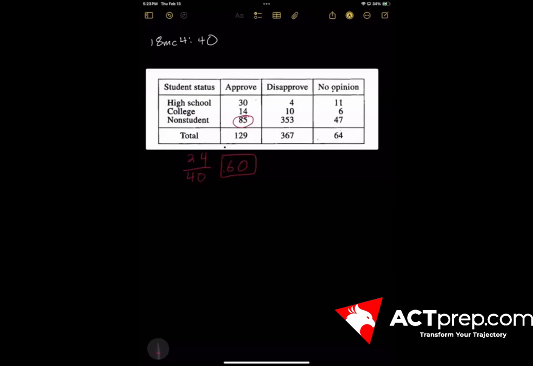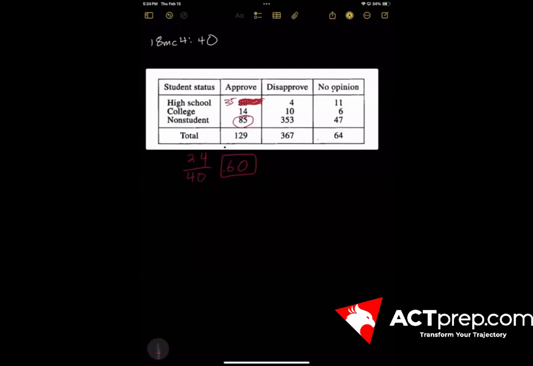So we know that 5 of these were high school students that were misapproved. So it says to the nearest 1%, what percent of high school students replied that they approved? So we're just going to add 5 to the 30, which gets us 35.